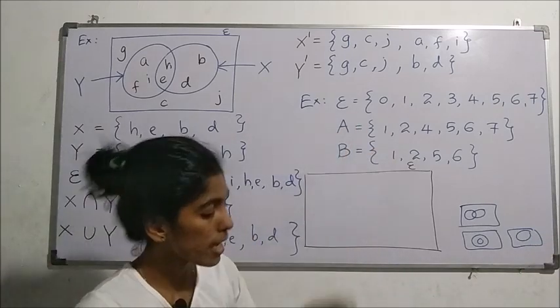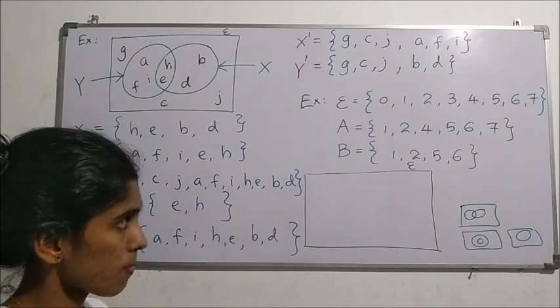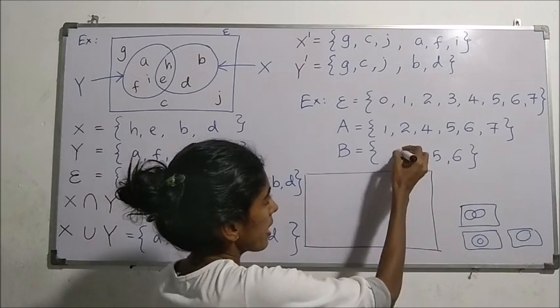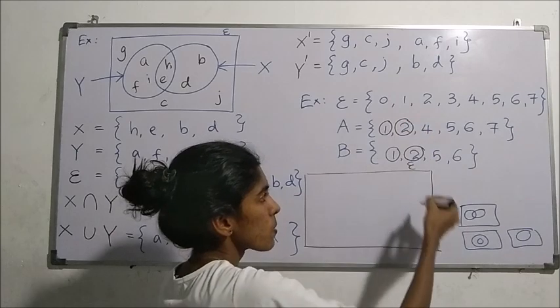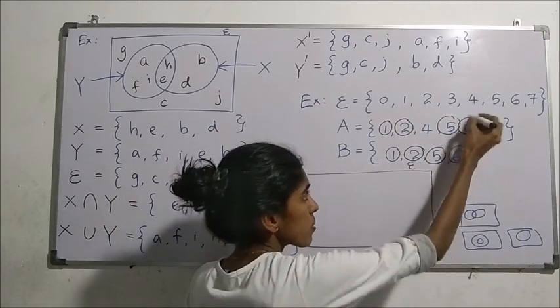So go through all the elements here, especially A and B, the subsets of the universal set. Now you can see element 1 is common, 2 is also common, 5 is also there, 6 is also there.